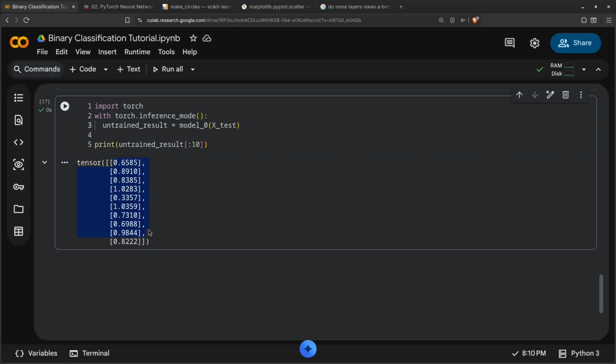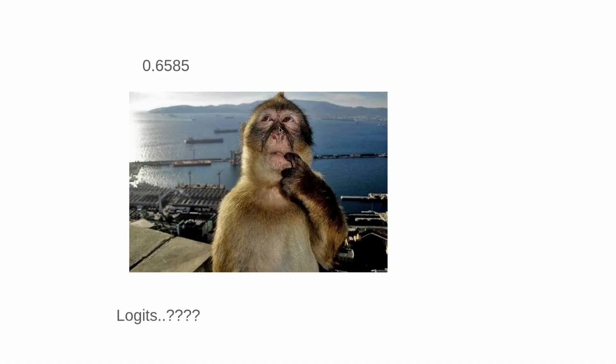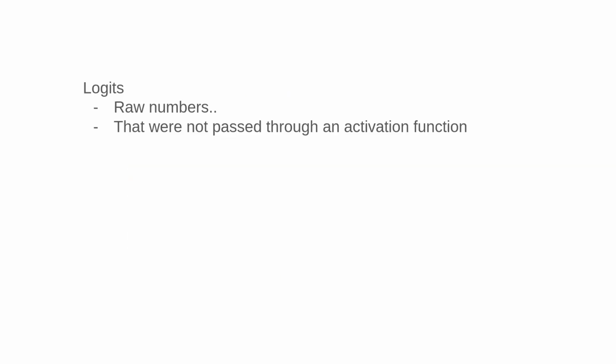Now some of you might have a question about what logits are, and I'll explain them to you now. So logits, what are they really? As stated earlier, logits are raw output from the neural network that was not passed through an activation function. Since these are raw numbers, we need to interpret them as probabilities. We need to convert them into proper probabilities.